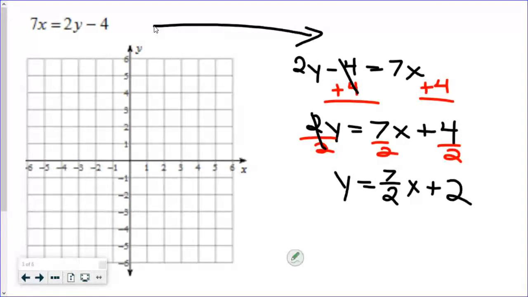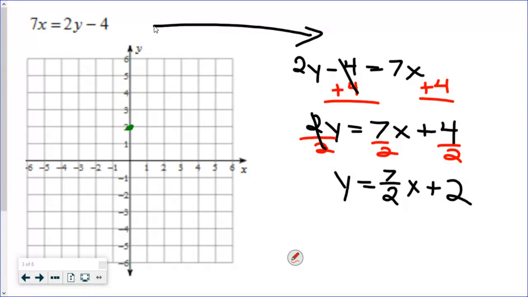Okay, so I'm going to start at my y-intercept at 2, and then I'm supposed to, it's a positive 7 and a positive 2. I don't have enough space to go up 7, so I have to make them both negative to guarantee a positive slope overall.